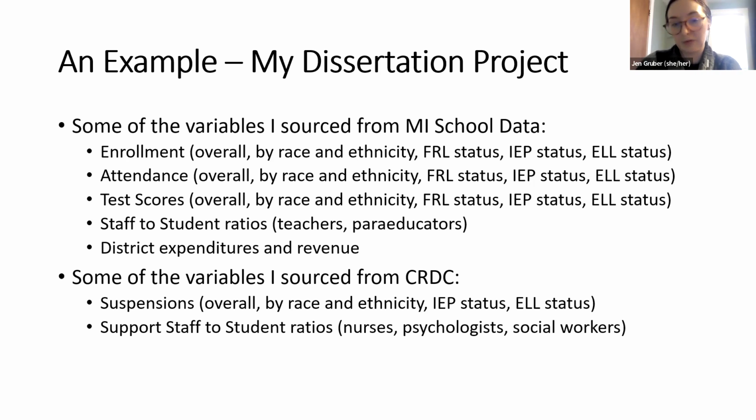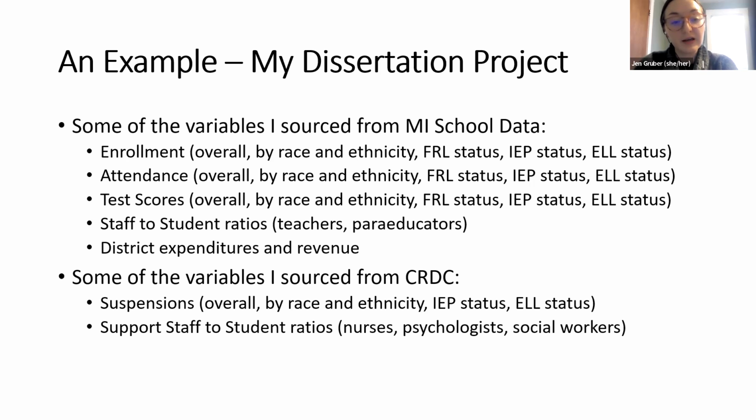I was able to source some information on the number of teachers or paraeducators at a school. And then at the district level, I looked at expenditures, revenue, years in deficit, and fund balance. All of that data is publicly available, and I sourced some of that for my project.